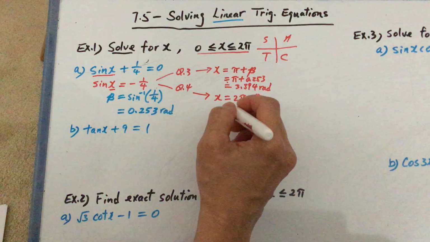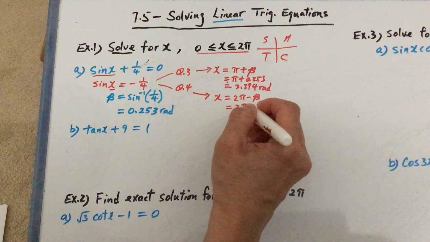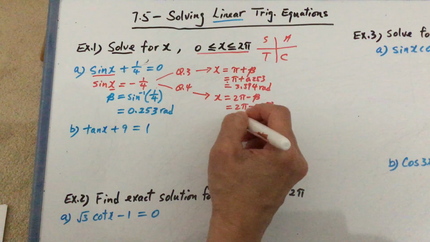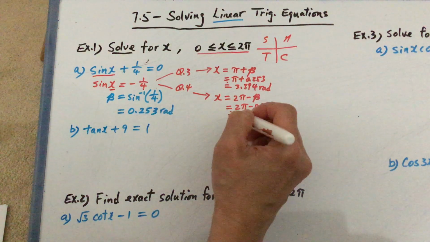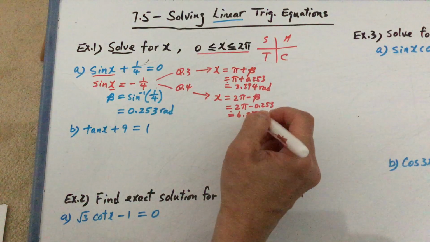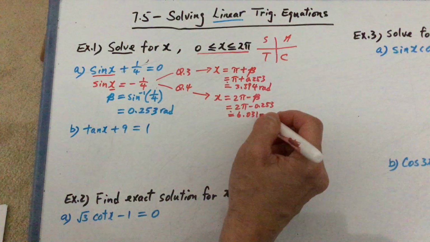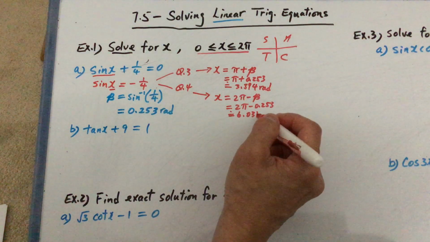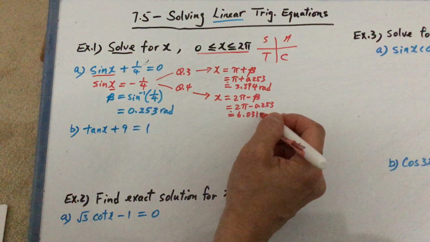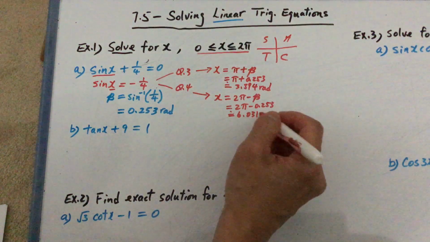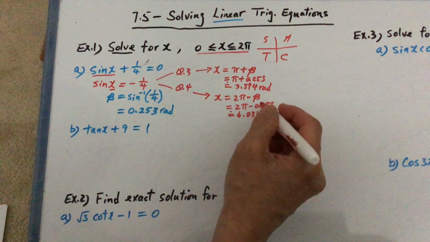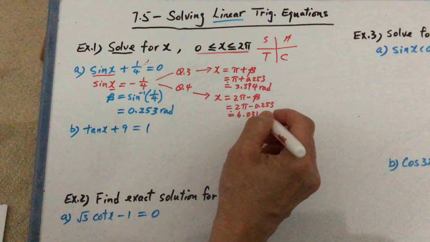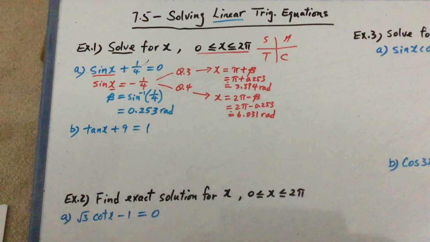So you will be getting 2 pi minus 0.253, and so you will be getting approximately 6.031, if we are going to round it to 3 decimal places. Usually I round to 2 or 4 according to my rounding rule, but because this handout does require rounding to 3 decimal places, that's why I'm rounding to 3.